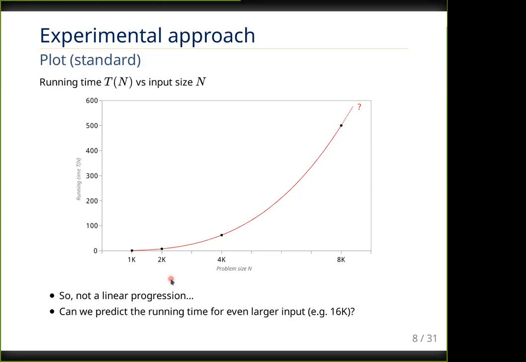Well, one thing we could do is change the way this curve is being traced. Instead of using a regular plot, we could use something called a log-log plot. That's a plot where the x-axis is put on a logarithmic scale and the y-axis is put on a logarithmic scale. So let's see what it looks like.